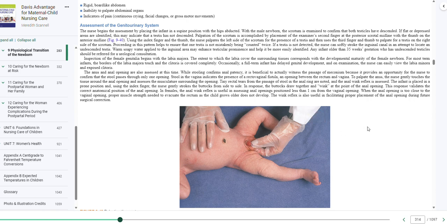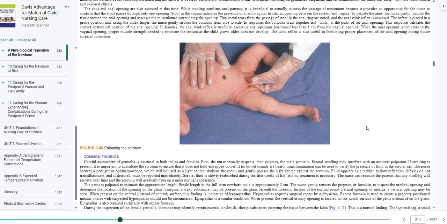And on both sexes we check for a patent anus, and that you see the little tiny wink at the anal opening. We don't take rectal temperatures anymore unless something's majorly wrong, because of the risk of perforation to the bowels and intestines. But we do check to make sure the anus is open and patent.